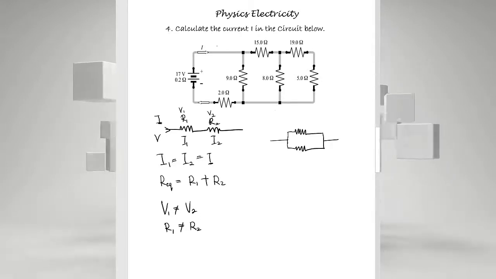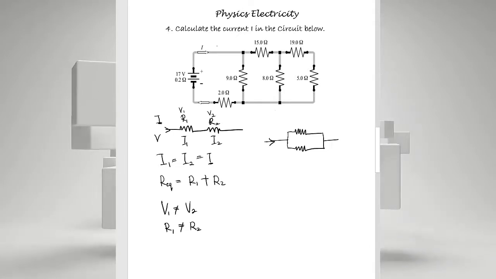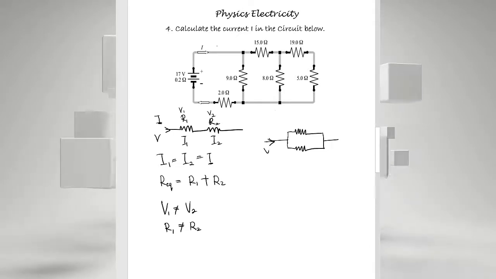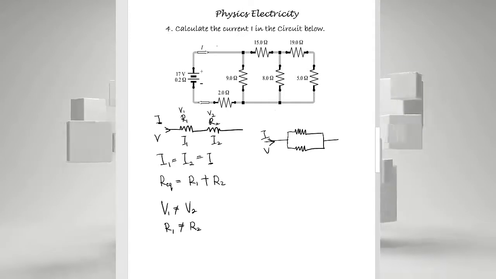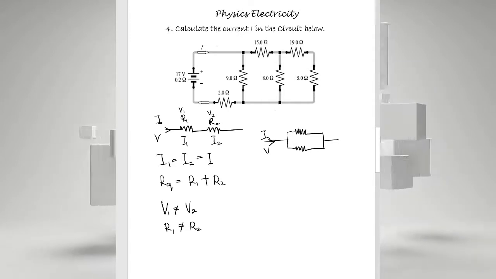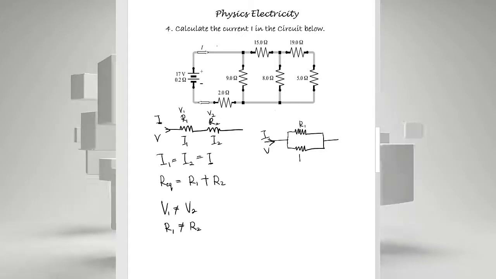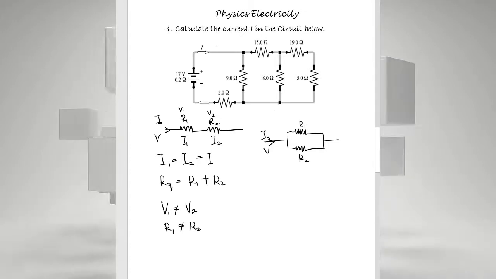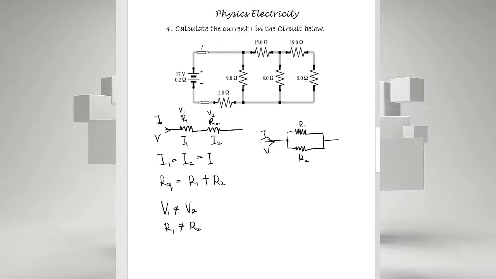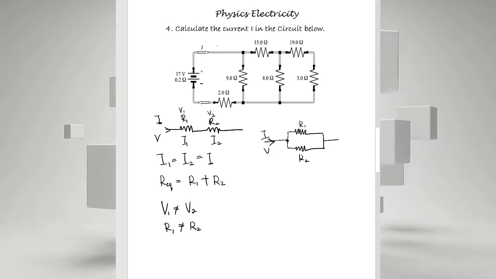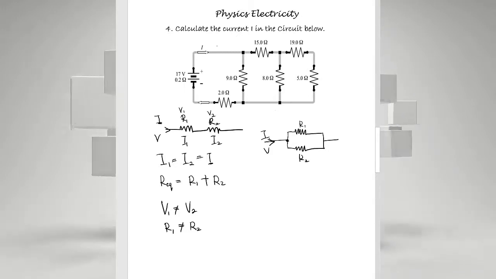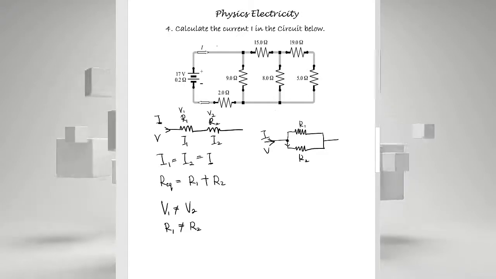And then we have a source of voltage from our left hand side, and a source of current also from that left hand side, and then we have resistor R1, and then we have resistor R2. So for parallel connection, we have a node. Anytime we have a node, it shows that we have a parallel connection.